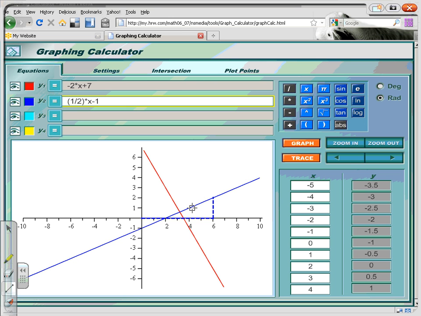So the work we did by hand is here again as a visual representation. The equation that we were given was y is equal to negative 2x plus 7, and the equation that goes through the point 6, 2 that's perpendicular to it is y is equal to 1/2 x minus 1. We can see we did that work by hand, and here it is represented in a graph.